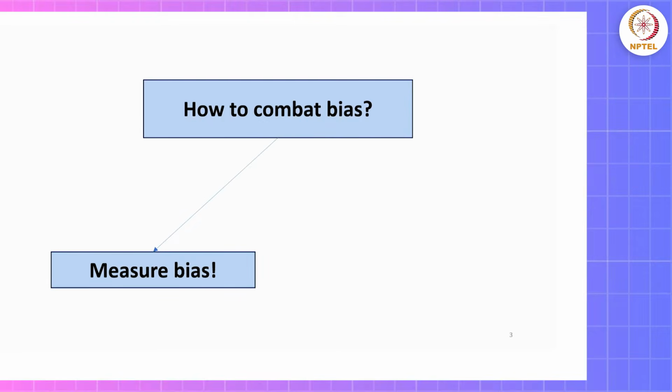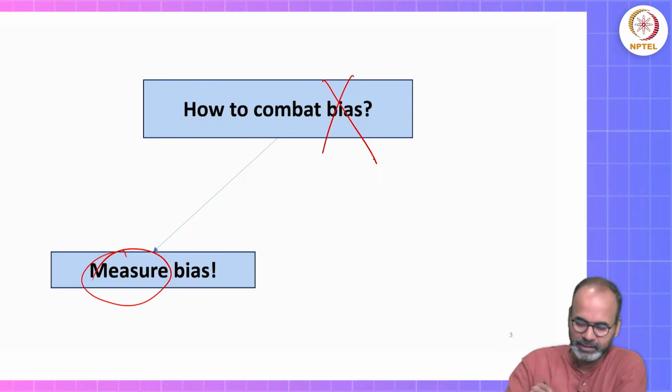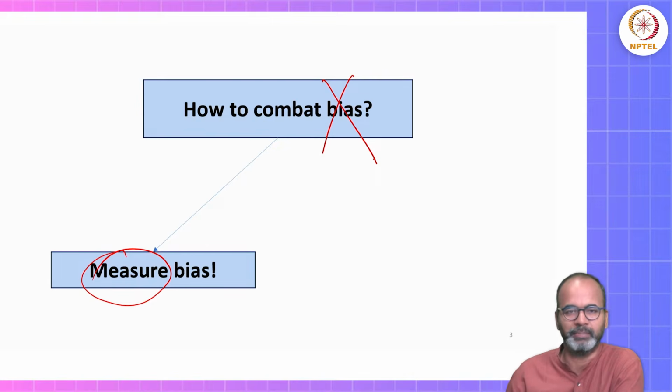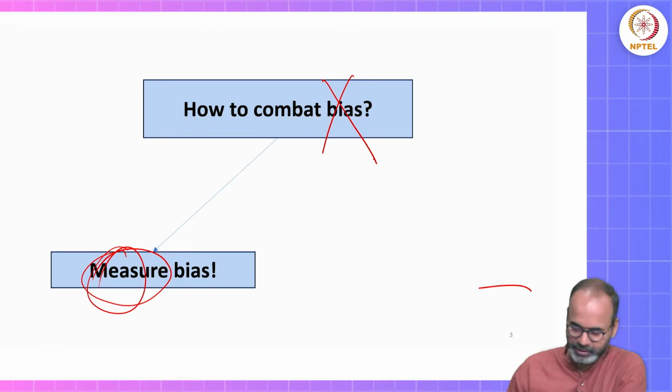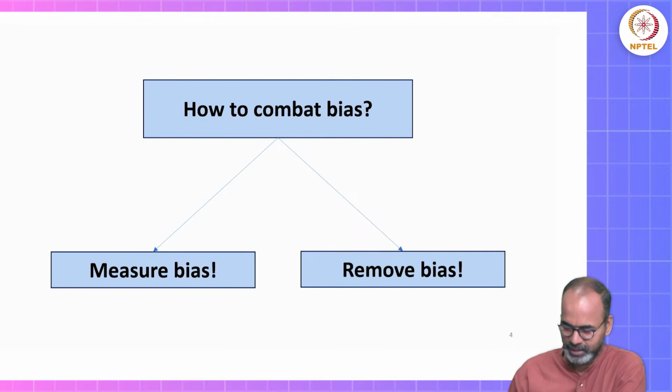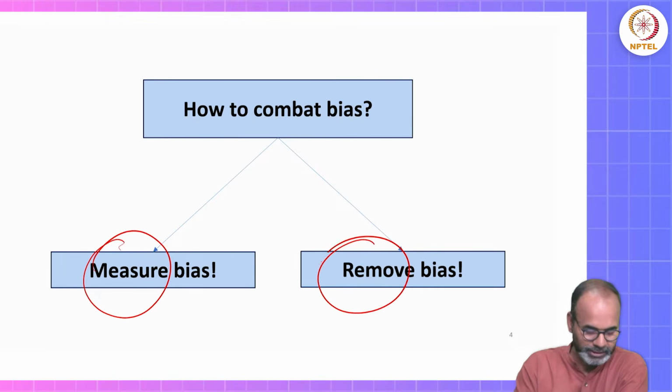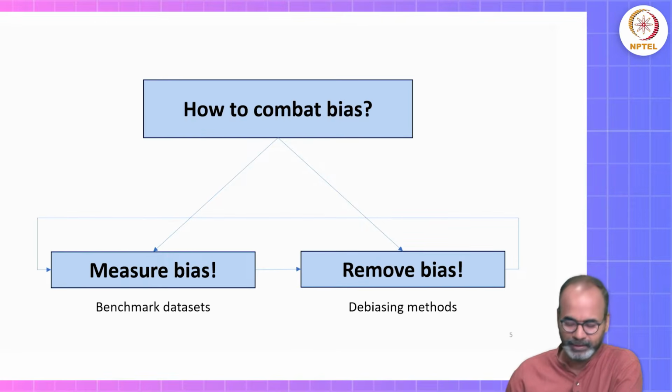The first thing you could think of is, let me just measure bias first, to combat bias, to reduce bias in these models. Then, of course, the thing could be to remove bias. Once I have measured it, I can start thinking about removing bias.